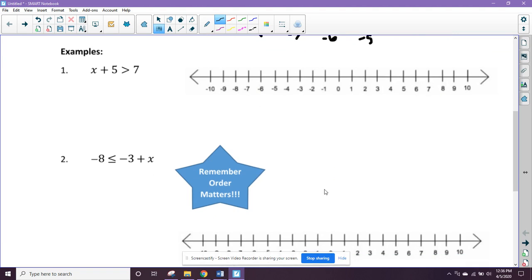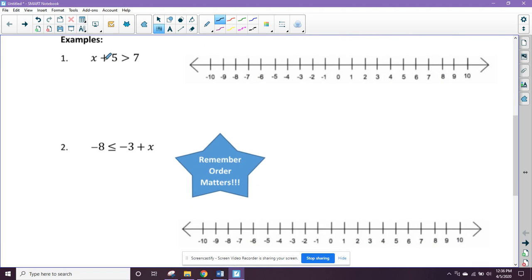Our first example, we have x plus 5 is greater than 7. So we have to get x by itself. So we're going to do the opposite. So we're going to subtract 5 from both sides. So when we subtract 5, it cancels out the 5.